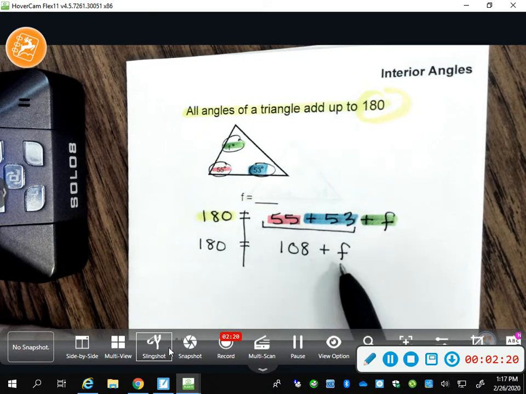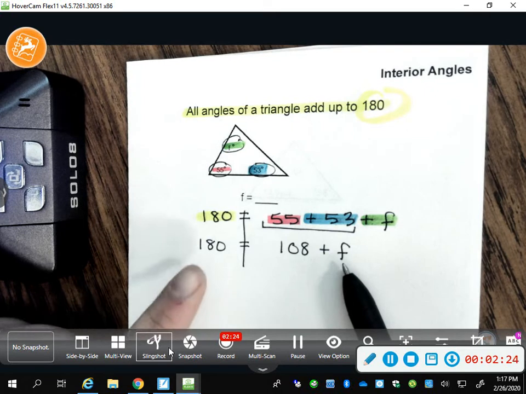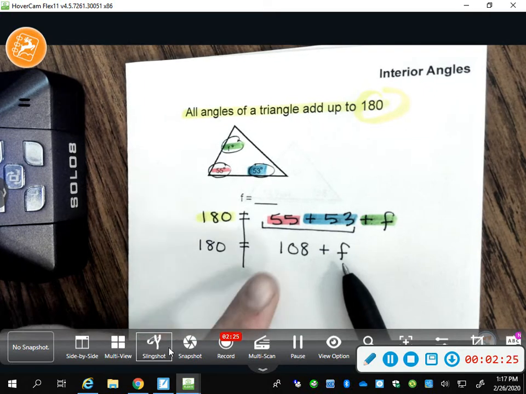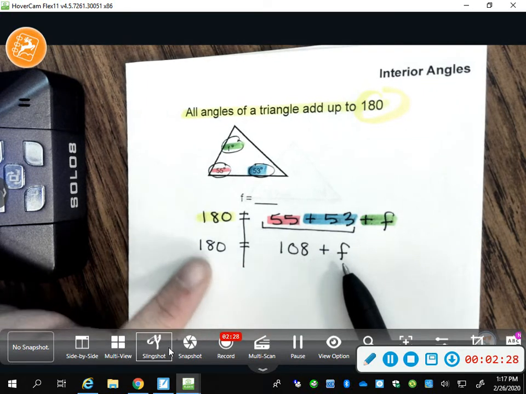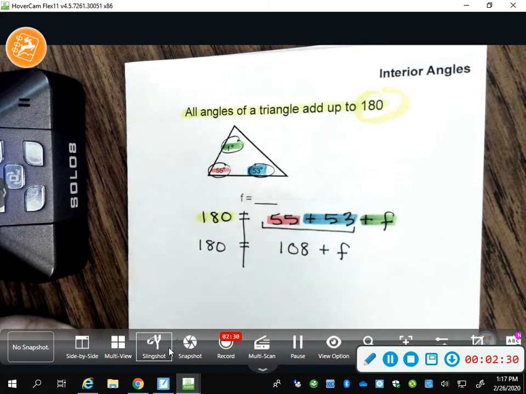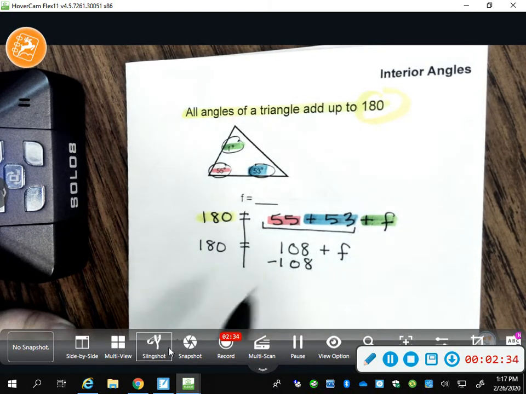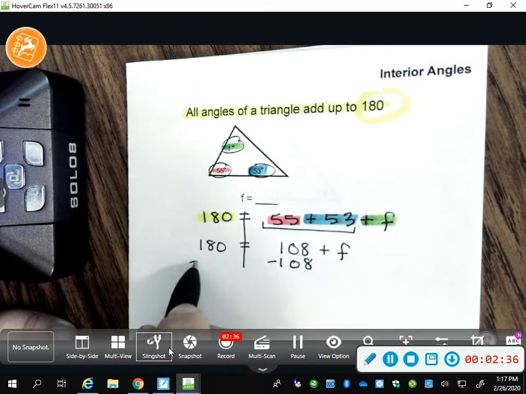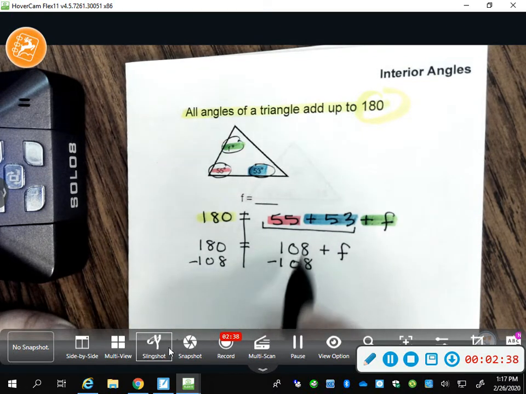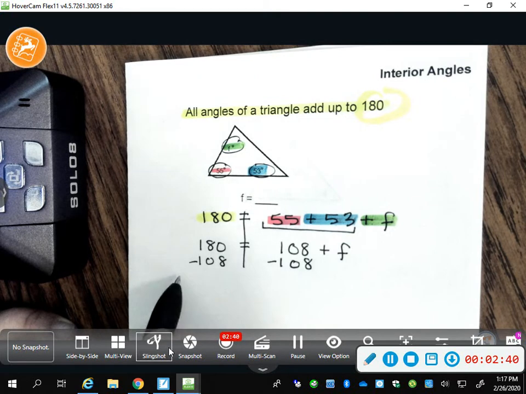All of my variables are already on the right side, which means all of my other numbers have to be on the left side. So I want to move 108 to the left side of this equation. Right now 108 is positive, so to move it, I minus it. If I subtract it from the right side, I have to do that to the left side as well.